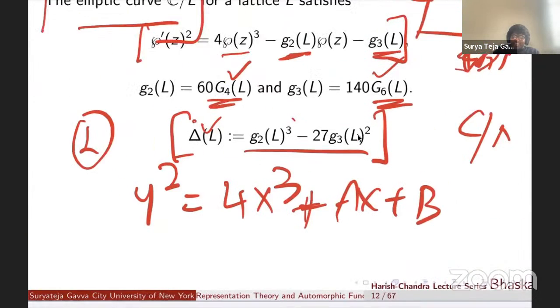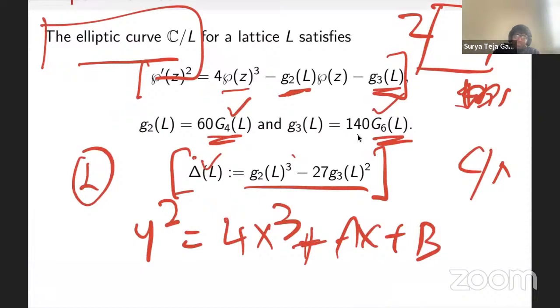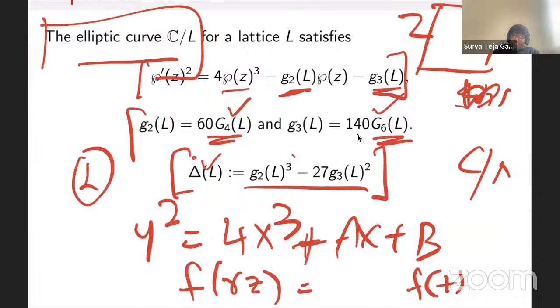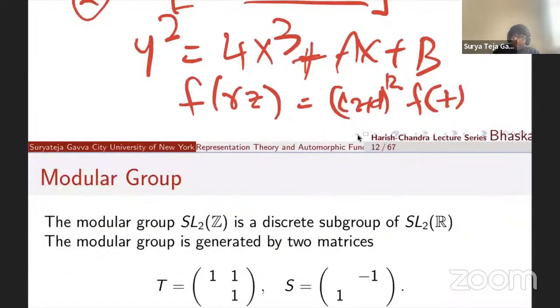They're all nice complex analytic functions. So by simple arguments, we have these different quantities which satisfy f of gamma z equals f of z up to some extra factor, in this case (cz plus d) to the k. Okay.